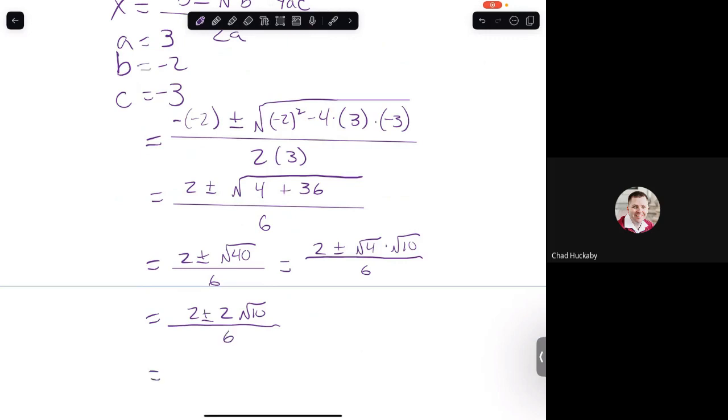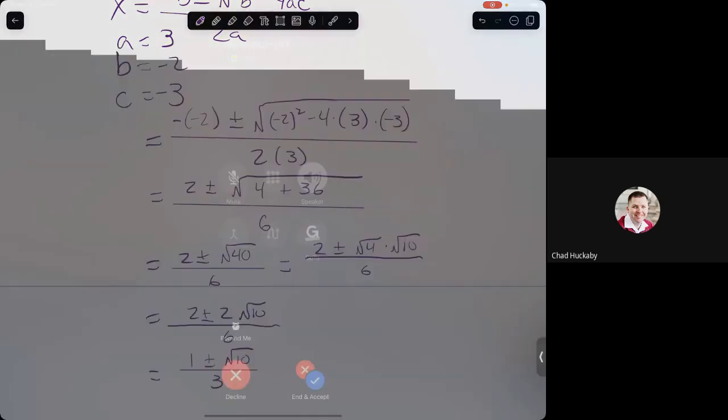So we can cancel out a 2. So now we have 1 plus or minus the square root of 10 over 3. And I don't think we have any more factors that are perfect squares.